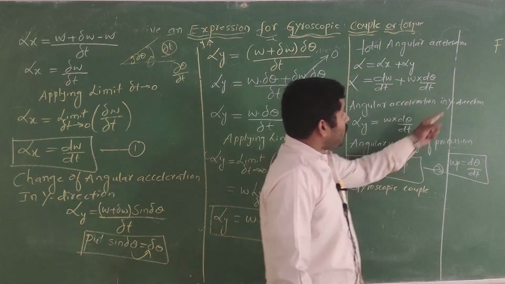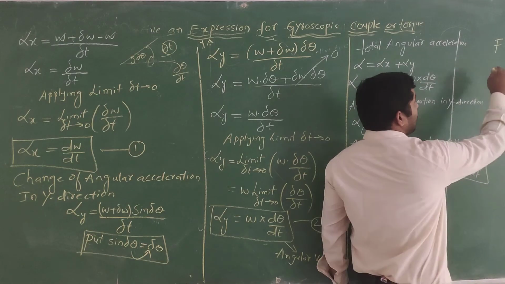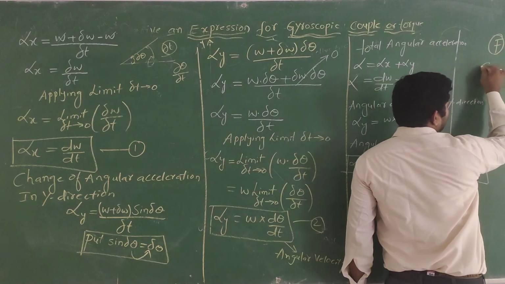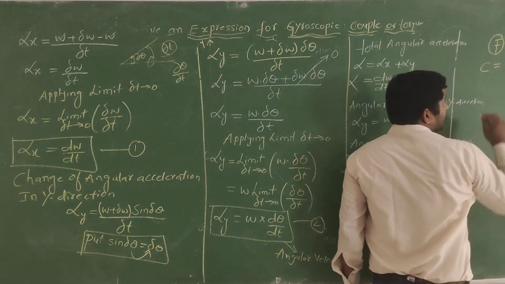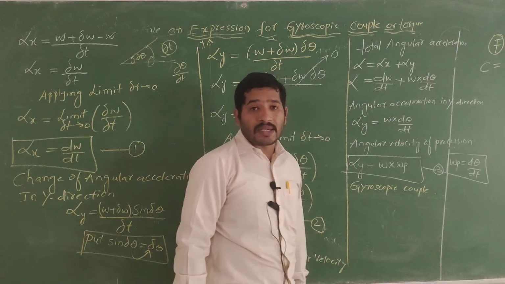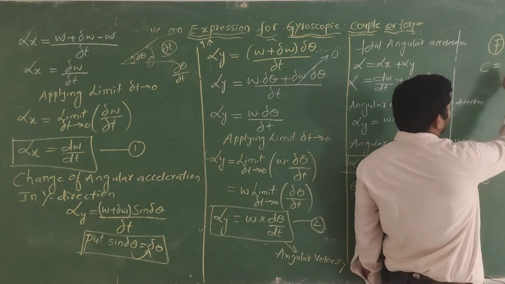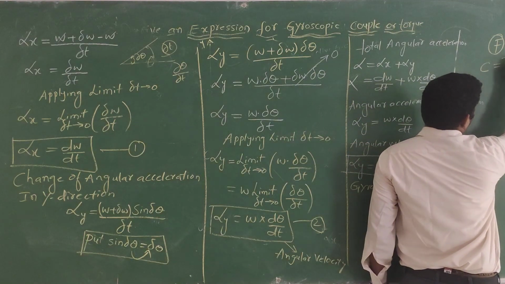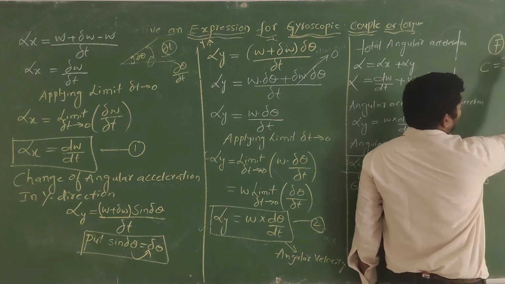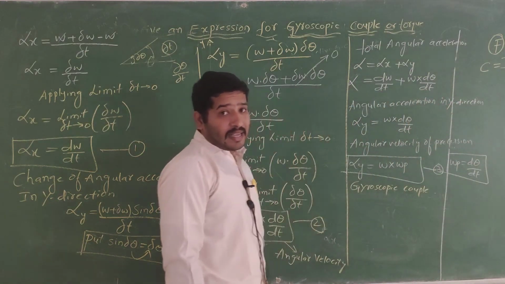So instead of force we represent it as C, and instead of mass we represent the mass moment of inertia, represented by I, into a, which is acceleration.